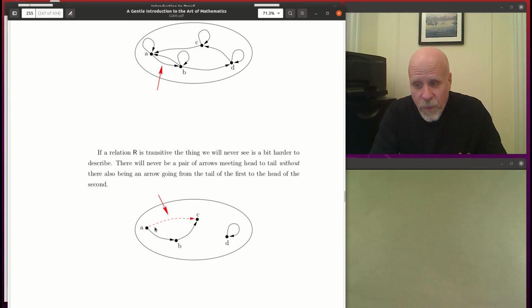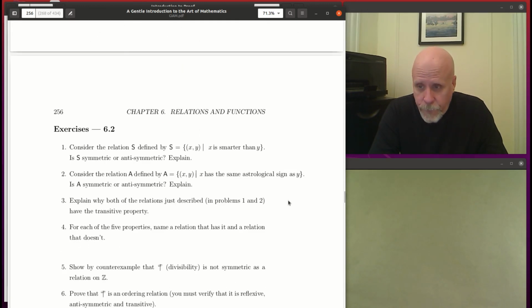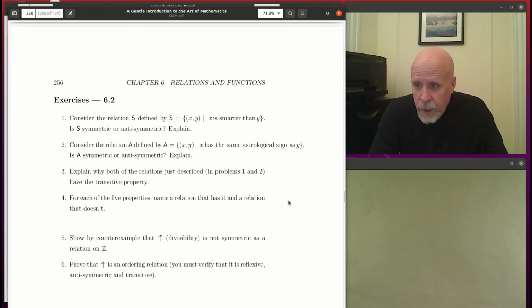The red dashed line is missing, and that's why this is not transitive, because we've got a roundabout way to go from A to C. If it were transitive, there should be this direct route.